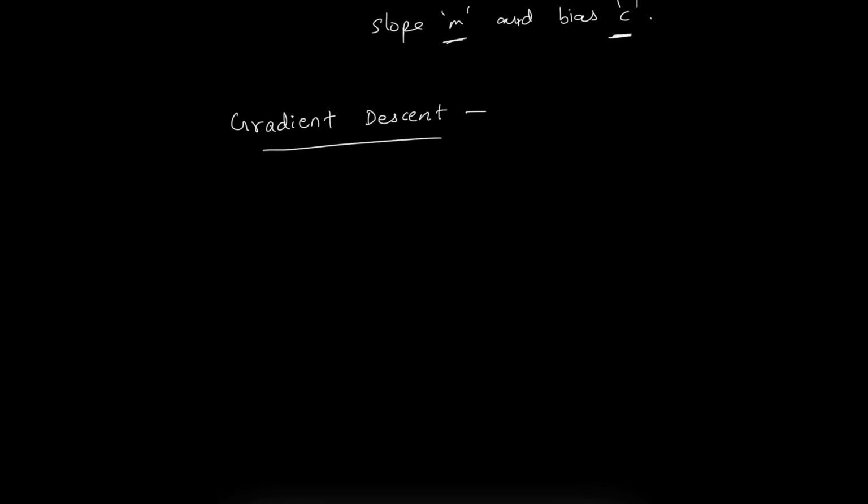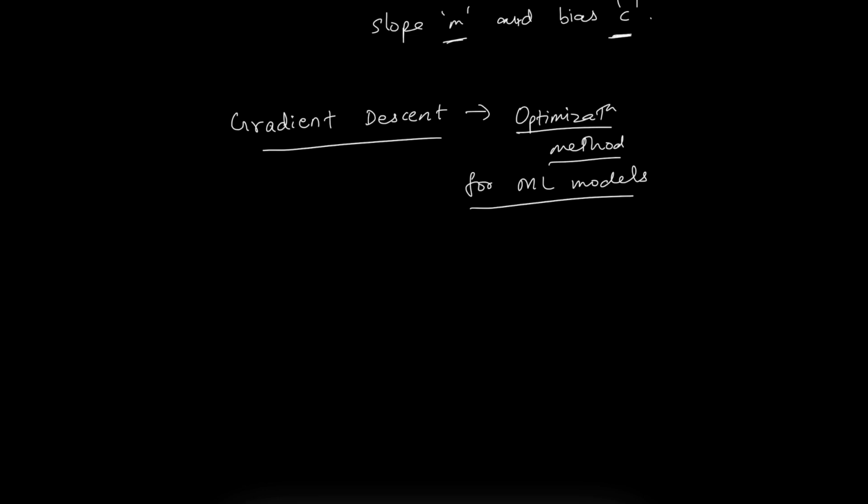And for that, we use something known as gradient descent. Now, you must have heard about this, especially if you're familiar with machine learning terms. This is basically an optimization method for ML models. And it's a pretty powerful optimization method. Basically, in very high terms, what it does is, you remember the cost function?